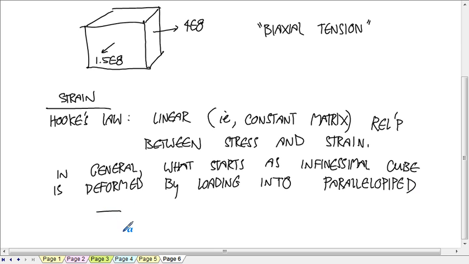So you start out with your stress cube, and it's deformed into something with parallel faces like this. Angles can change, lengths can change, but the faces have to stay parallel to each other.